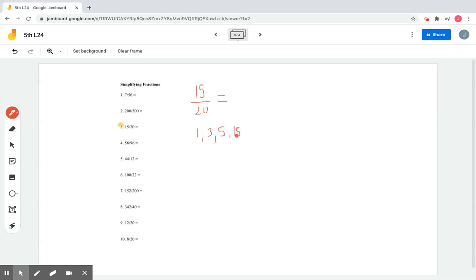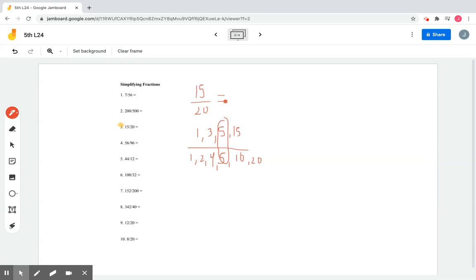These are the factors for 15. And let's look at factors for 20. We have 1, 2, 4, 5, 10, and 20. And we can say that the common factor is 5 here.